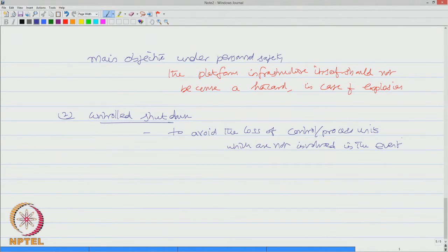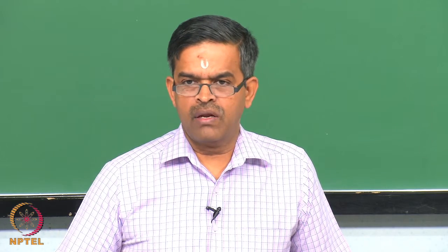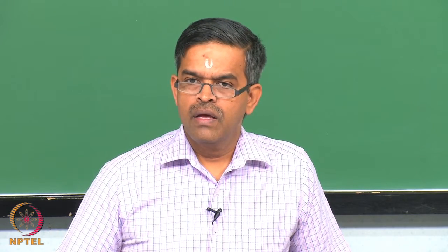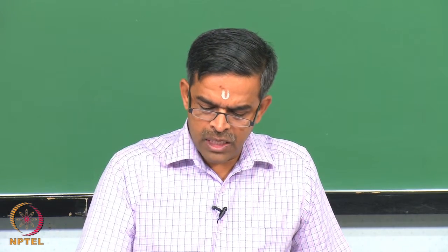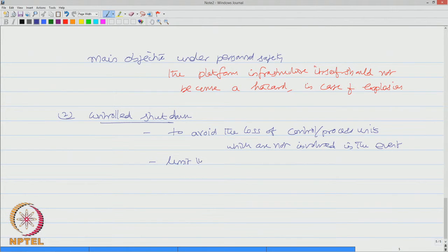I mean, if the explosion is epicentered at a specific segment in a flow line or a process line, we would like to limit the explosion damage only within that segment of the plant.